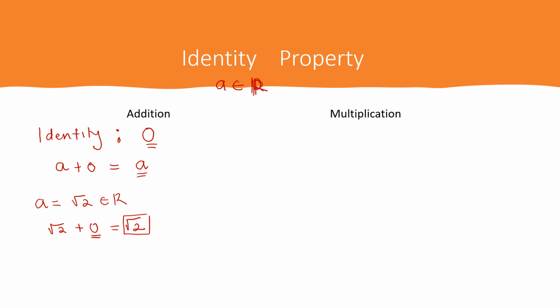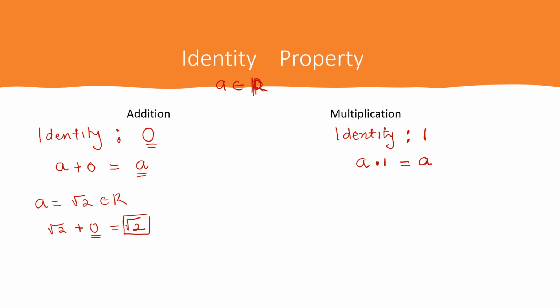So 0 is the identity. But when we're talking about multiplication, the identity is 1. And why is it 1? Because if you take any a and multiply it with 1, we are still going to get a. So you can see that the identity does not change the number. All right.